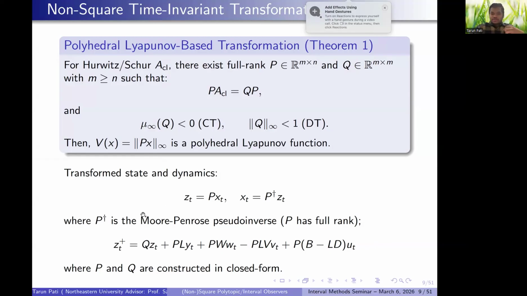The transformed dynamics are given below. So Z is equal to Px. When we construct its dynamics, this is what we get: Z plus is equal to QZ plus all the terms that are dependent on the output as well as our noise and inputs. And we assume that the inputs are known for this purpose.